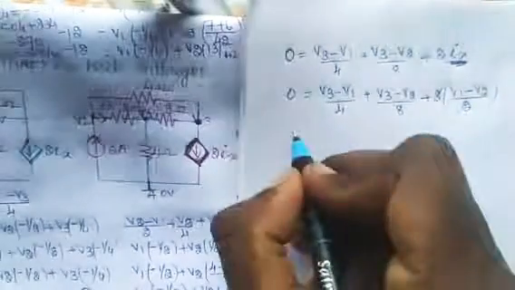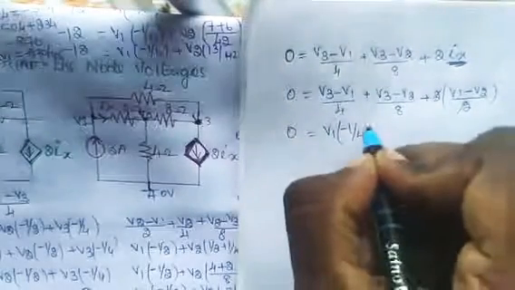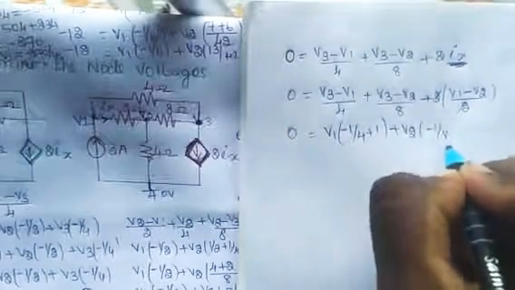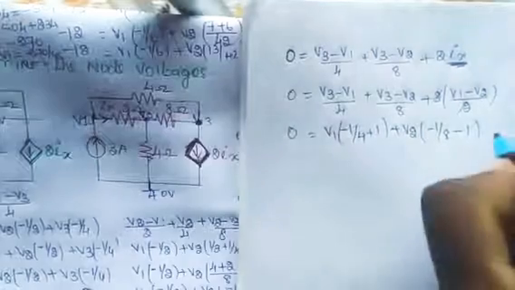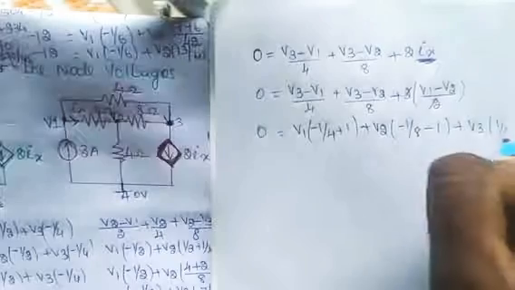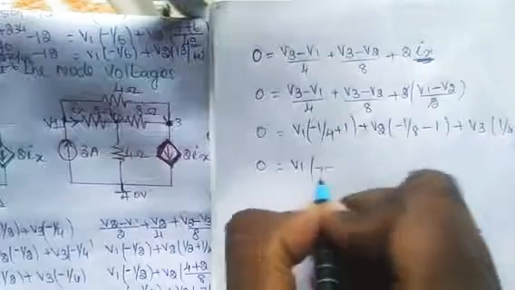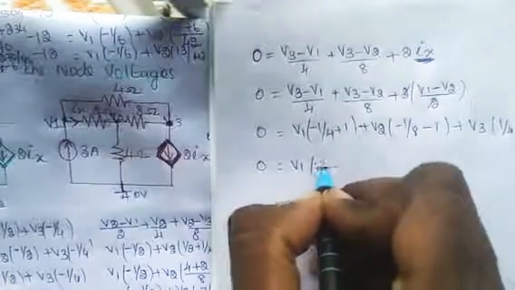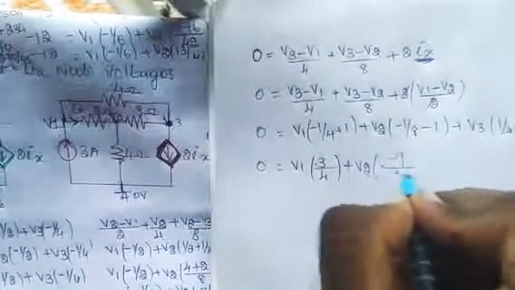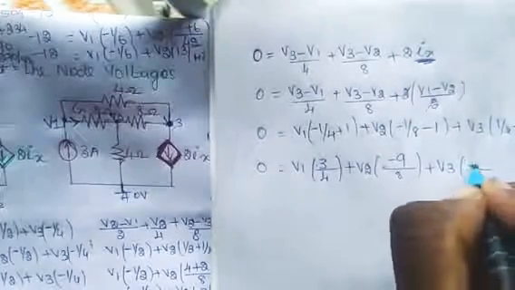2 can be cancelled. So when rearranging this, V1 into (minus 1/4 plus 1) plus V2 into (minus 1/8 minus 1) plus V3 into (1/4 plus 1/8). 0 is equal to V1 into 3/4 plus V2 into minus 9/8 plus V3 into 3/8.